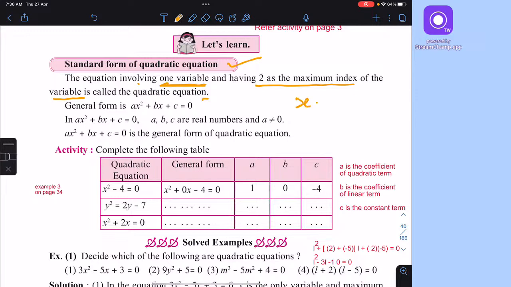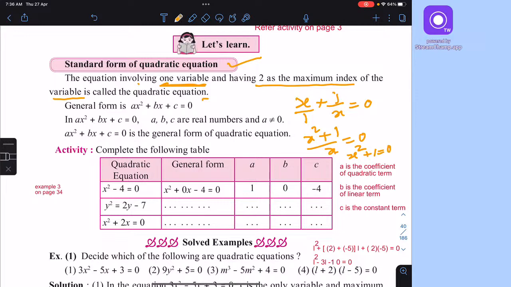For example, if it is x plus 1 upon x is equal to 0. So what we do, x can be treated as x upon 1. And here if you simplify this, x into x is x square plus 1 into 1 is 1 upon x is equal to 0. And this x transposed to that side will become x square plus 1 is equal to 0.